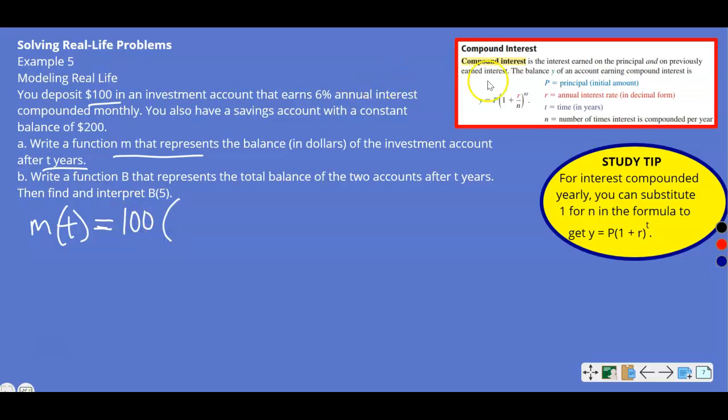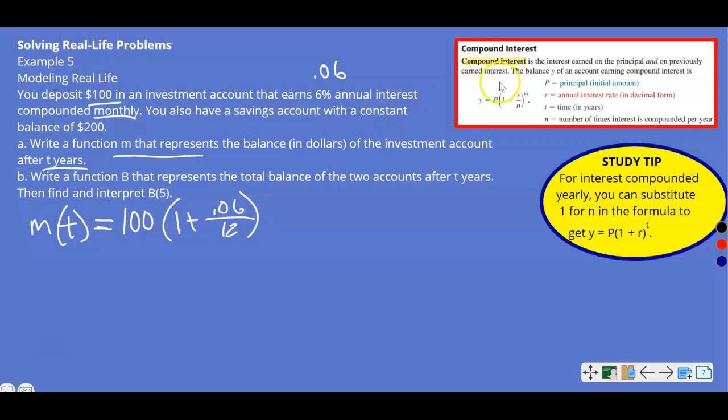And again, I'm using this formula right here. So I'm going to have 1 plus my rate. My interest rate is 6%. Again, you have to write that as a decimal, so 0.06. And then that's over n. n is the number of times it's compounded per year. So we're doing this monthly. It says monthly, so monthly means 12, because there are 12 months in a year.